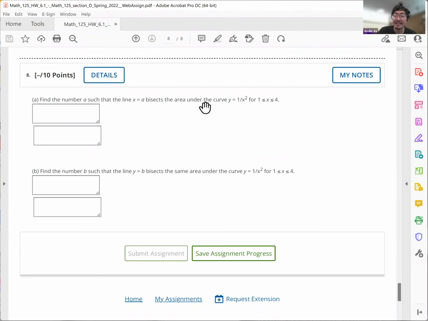What you need to do is compute the total area of the region, which is the integral from 1 to 4 of 1 over x squared. Find this area, then set the antiderivative equal to half of it, and solve.